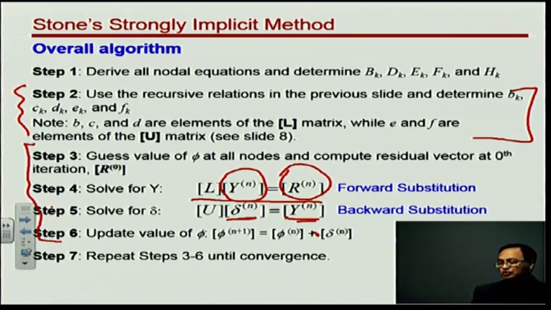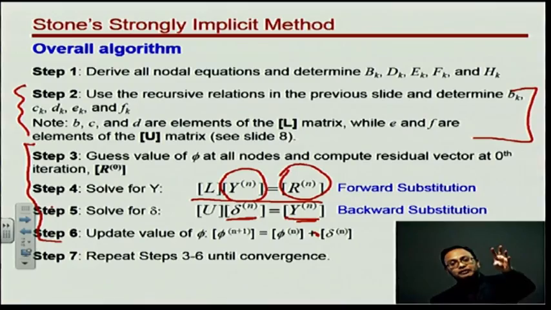So if you now think about it, Gaussian elimination takes n cubed operations. So suppose you have a simple problem with 100 by 100 mesh, which is 10,000 unknowns. Now, instead of n cubed, which is 10,000 cubed floating point operations, you have reduced it to 2 times n squared operations.